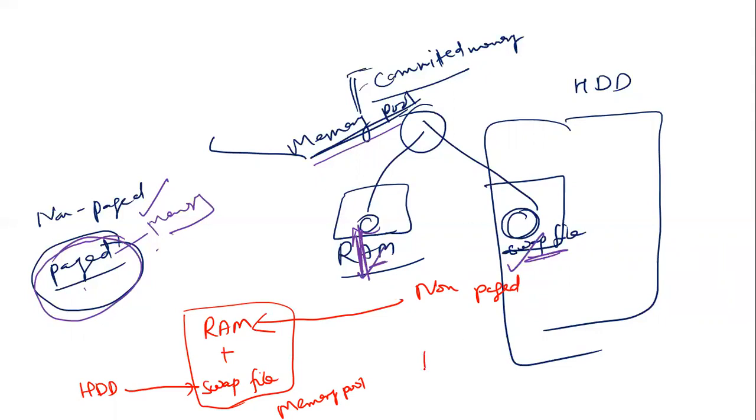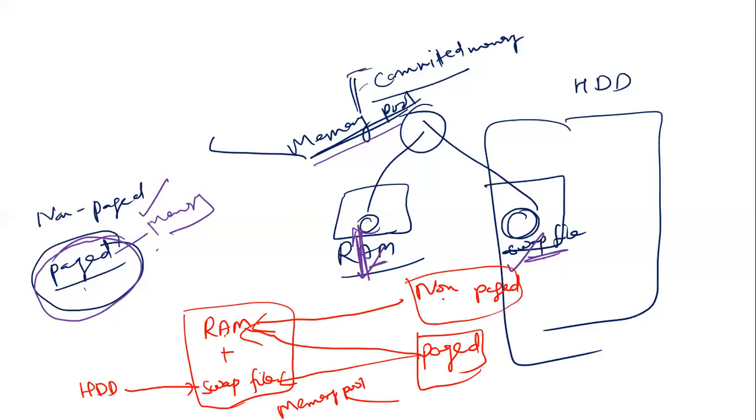If it is paged, it may be inside your RAM or inside your swap file, but it is in the memory pool only. So your memory pool is divided into two parts, one paged and another non-paged. Non-paged means data inside RAM, but paged means the data is either in the swap file or in RAM.